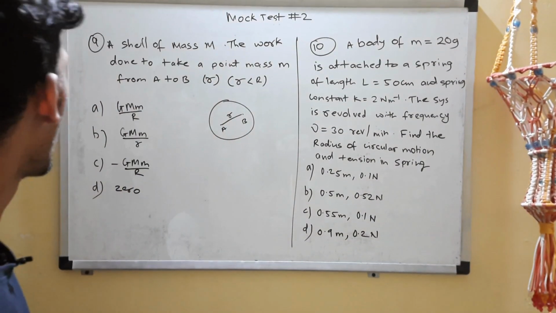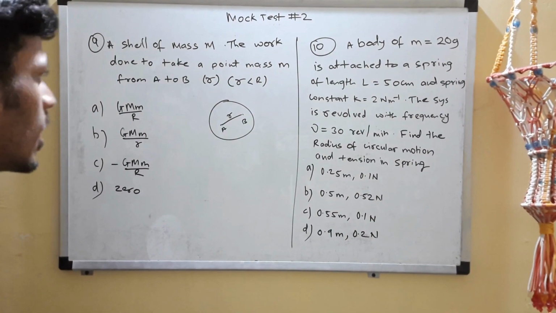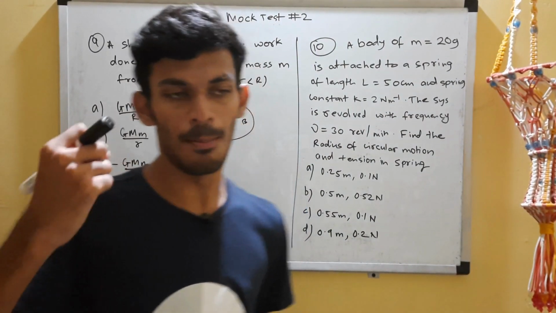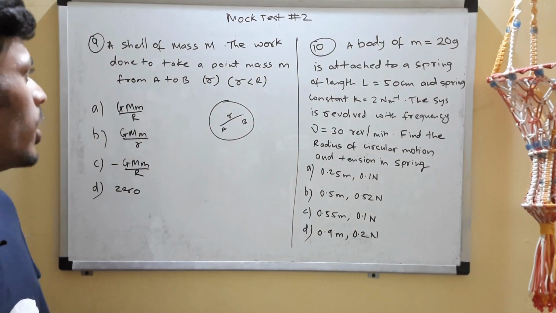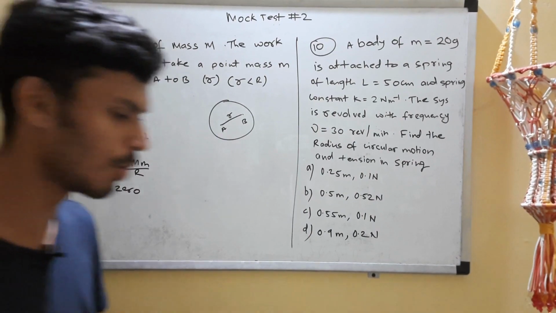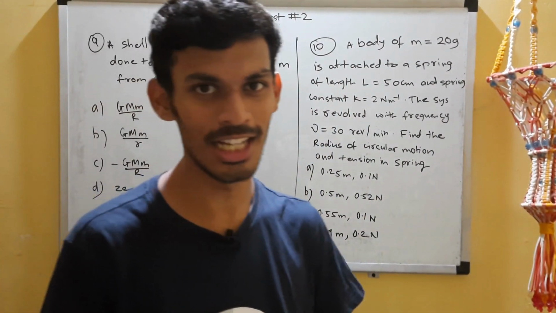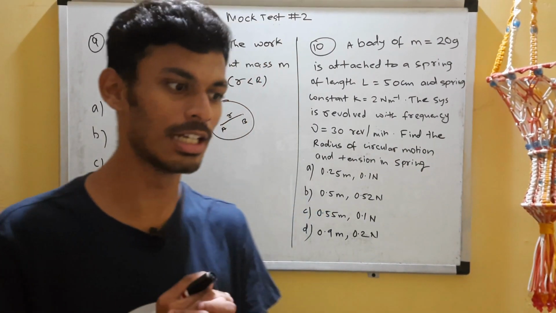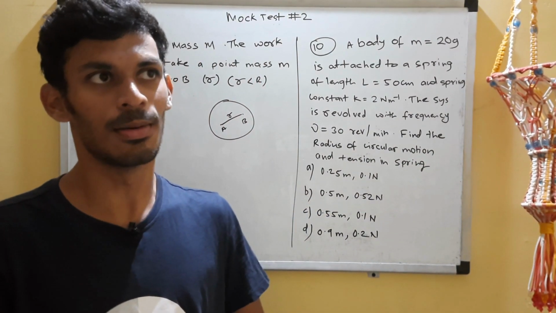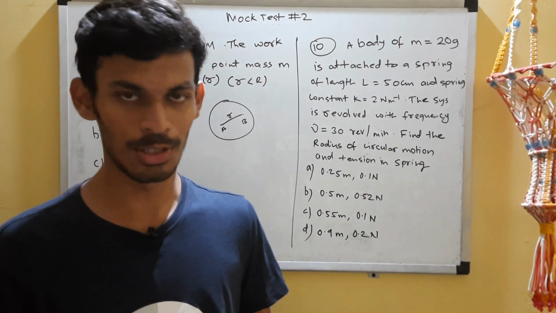In question 9, we have a uniform shell of mass m. We are supposed to tell what will be the work done to take a point mass from point A to B, where the distance between the two points is less than the radius. So basically you are moving the test mass inside the spherical shell, and as you might know, inside a spherical shell the gravitational field is zero, analogous to electrostatics.